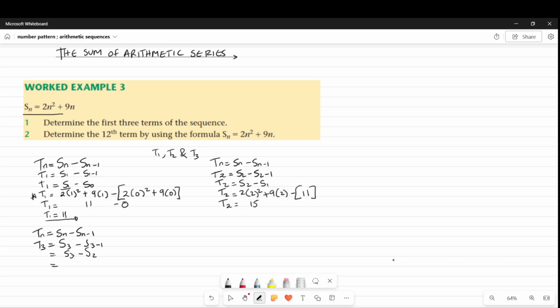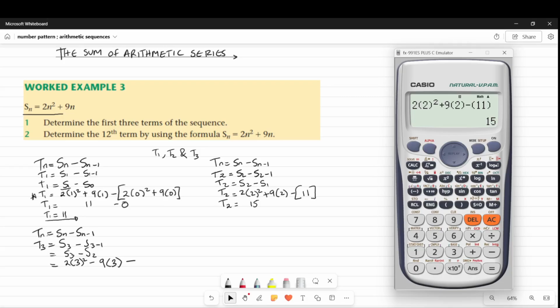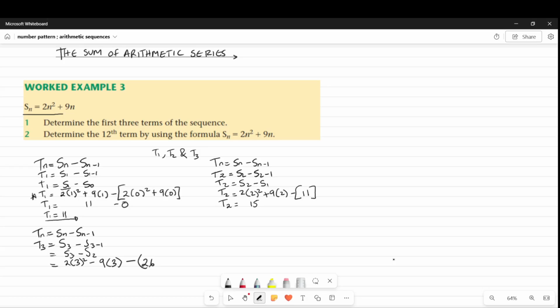S3 is going to be 2(3) squared plus 9(3), substituting 3 over here, and then minus S2. S2 we already have, so we get 26. So we're going to subtract 26.